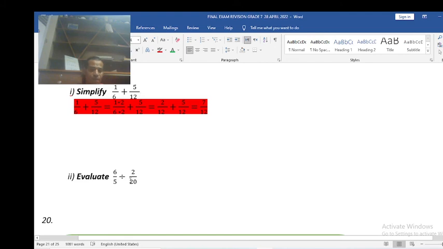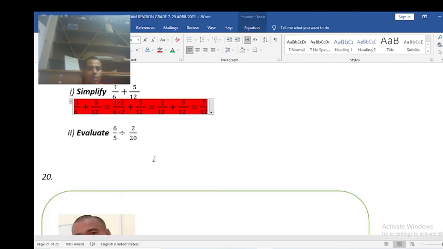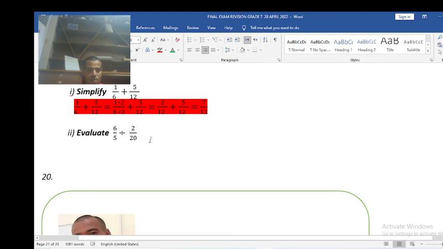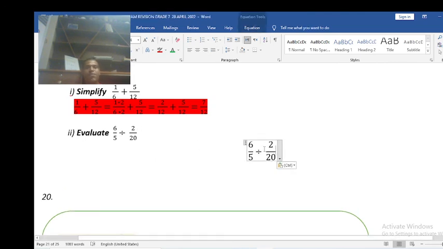Then the second one. Okay, we have this one, learners. I will just make enter, then paste. 6 divided by 5, equal, paste again. I will keep the first fraction as it is, no change.